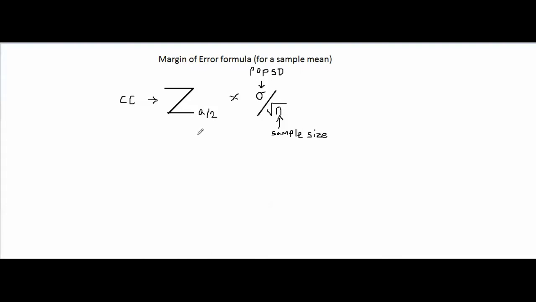Let's pretend that I'm actually going to take a sample from a population randomly and calculate the mean of the sample to estimate the mean of the population. So I'm doing a study in which I'm going to calculate the mean of a random sample to estimate the mean of a population. Let's say that maybe I'm interested in what the mean number of siblings equals in the JFK student population.